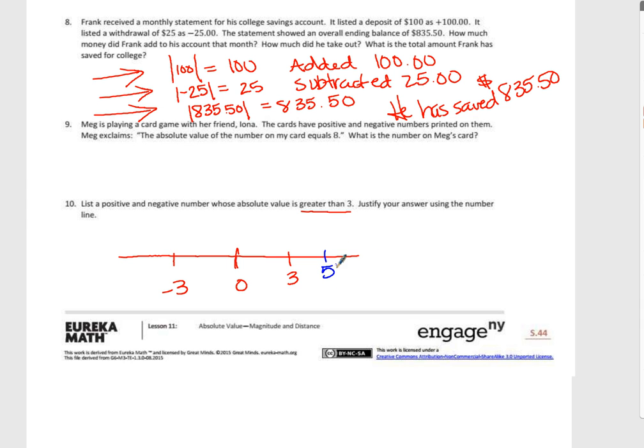The absolute value of 5 is 5. And what is my negative number that corresponds with that? Well, the absolute value of -5 is also 5. So there we have it, and we can write now that 5 is greater than 3.